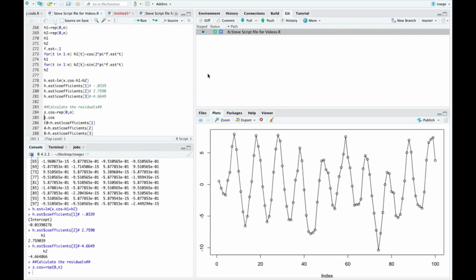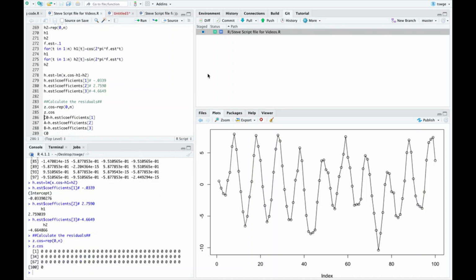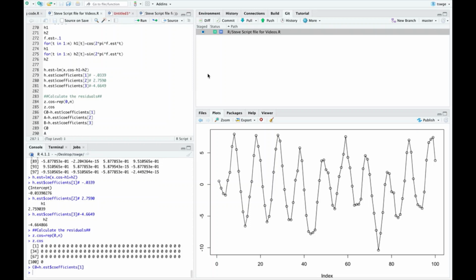Here's the residual. We're going to set up the residual because we're going to fit an AR to the residuals. And we filled it with zeros. And here's our C0. So it's H dot S, coefficient 1, that's C0.